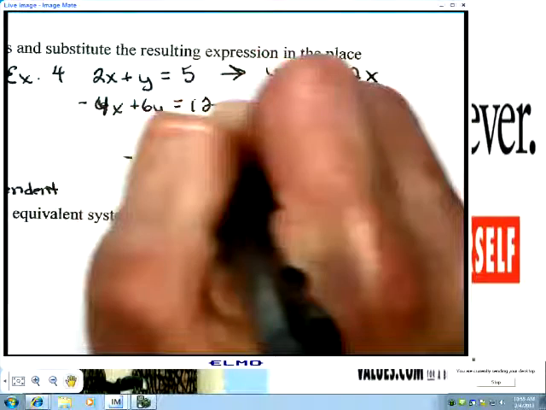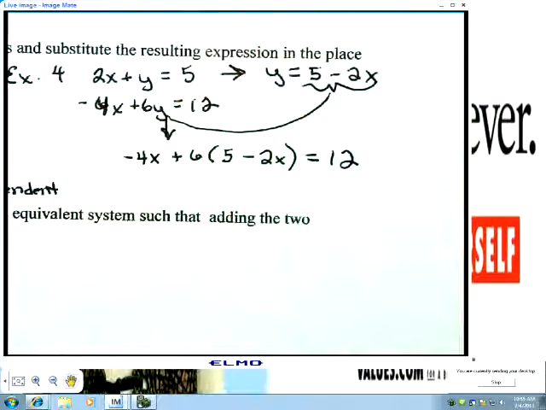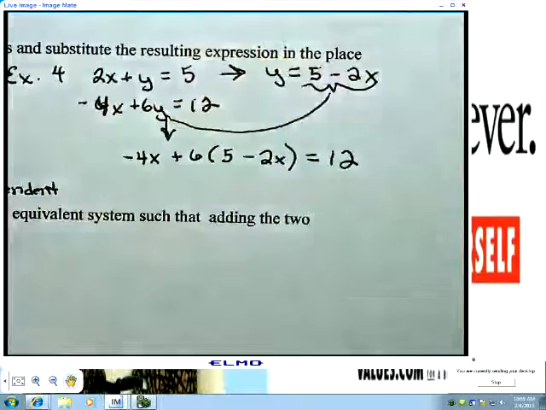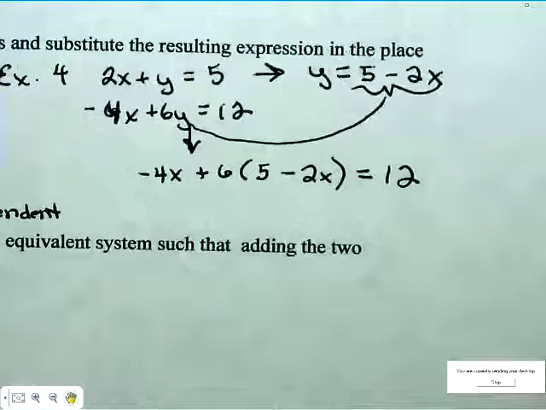Negative 4x plus 6 times, I'm going to need parentheses here, 5 minus 2x equals 12. And then I just have one single linear equation with one single variable in it.